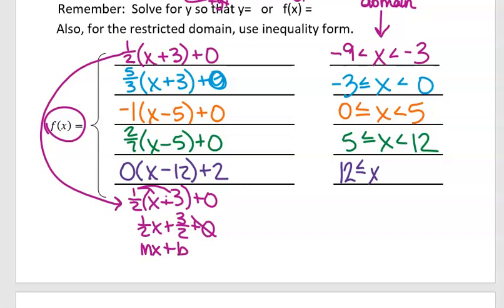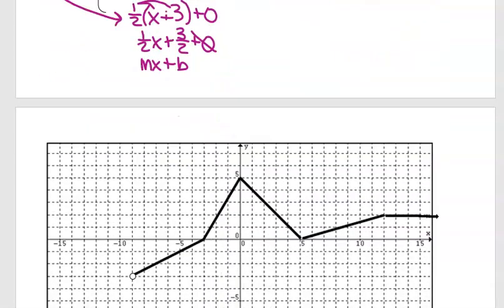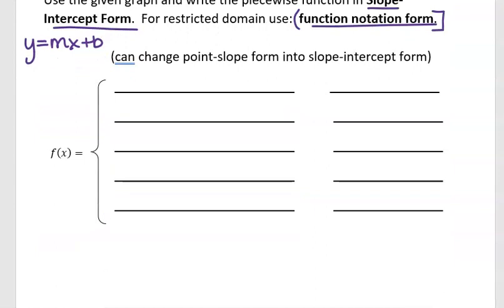Keep in mind that the interval doesn't change because the graph is exactly the same. So I can write 1/2 x plus 3/2 on the line for my first piece of the piecewise function. We said 1/2 x plus 3/2. Remember also that we want to transform our notation from inequality to interval notation.